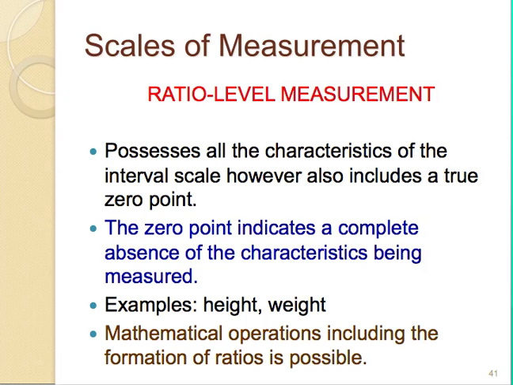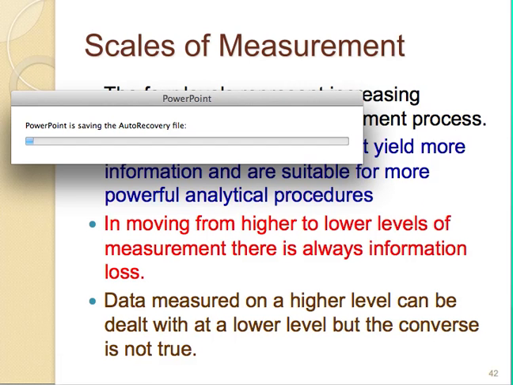Okay, and the thing with the ratio, let's look at height. Let's say somebody is 6 feet tall and there's another person who is 3 feet tall. The one who is 6 feet tall is twice as tall as the one who is 3 feet. Okay, so you can do that with the ratio level of measurement.